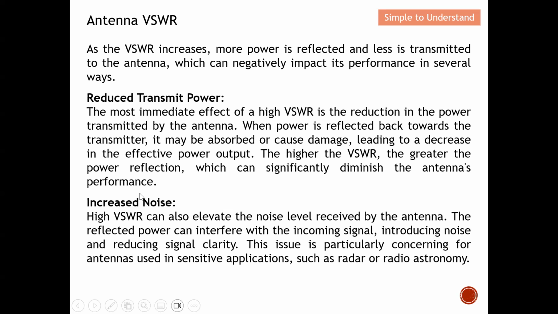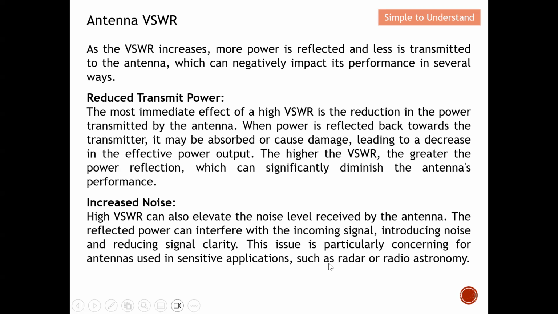Increased noise. A high VSWR can also elevate the noise level received by the antenna. The reflected power can interfere with the incoming signal, introducing noise and reducing signal clarity. This issue is particularly a concern if we use the antenna in a sensitive application, such as radar or radio astronomy.